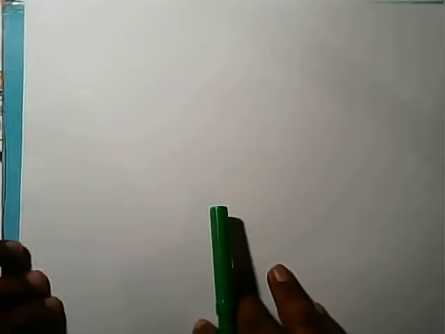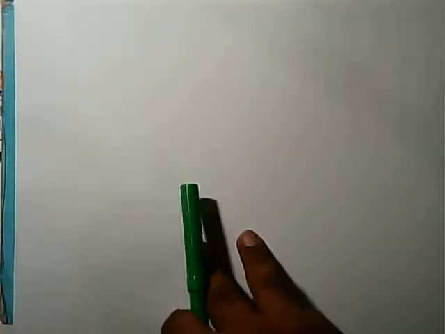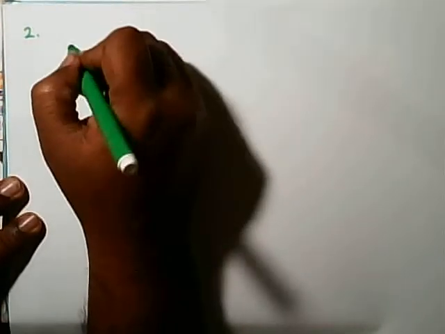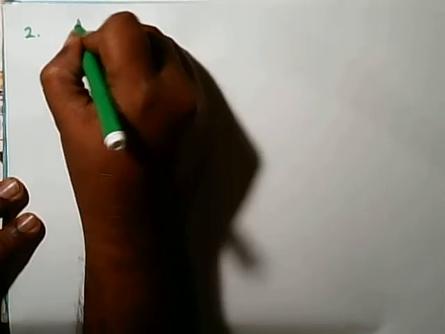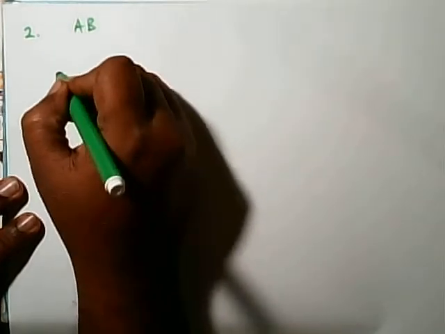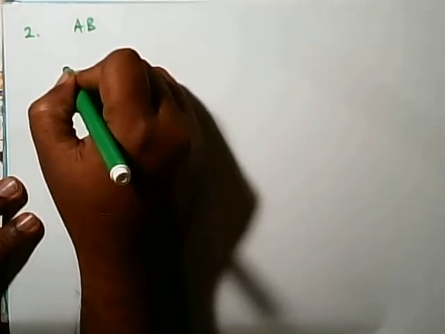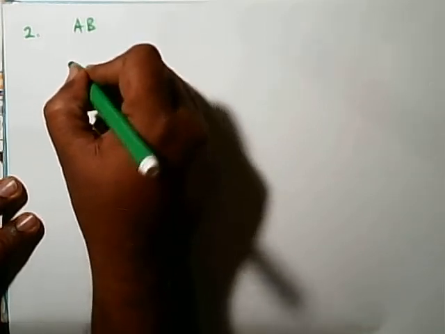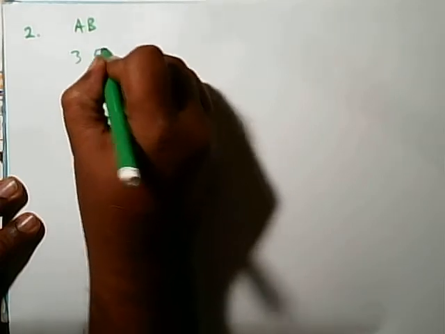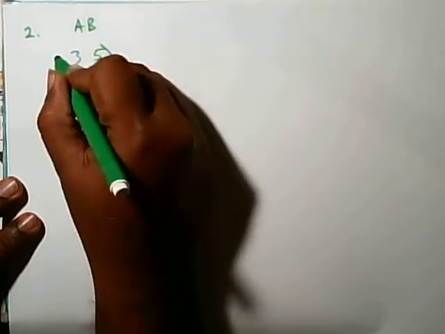Okay, next. Question 2. Calculate the matrix product of A, B, given what A is and what B is. So we have to find out AB. A was 3, 5, 1, 0.